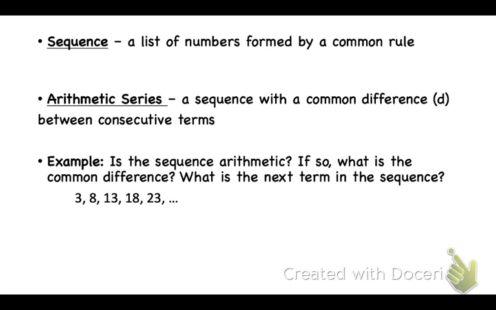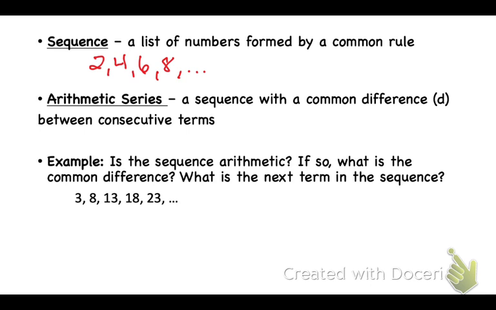Arithmetic sequences and series, 1.4. A list of numbers formed by a common rule is a sequence, guys. 2, 4, 6, 8, and it keeps going forever.